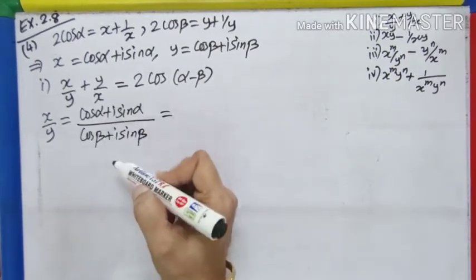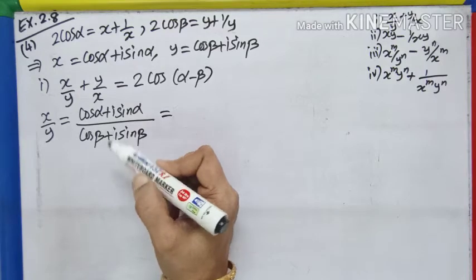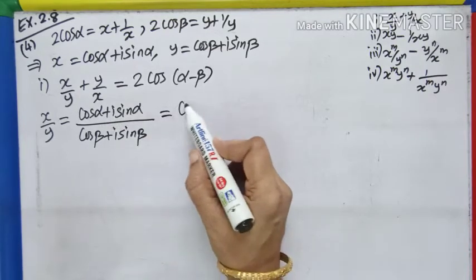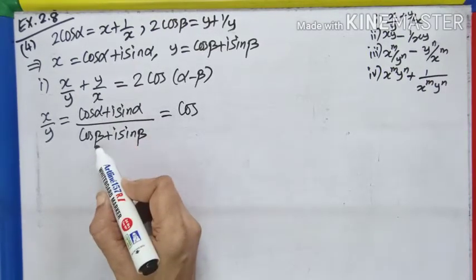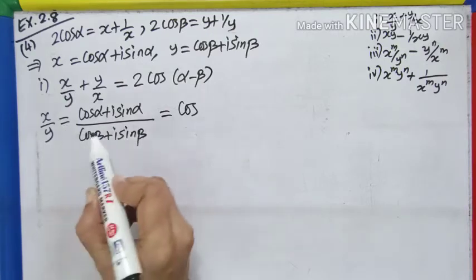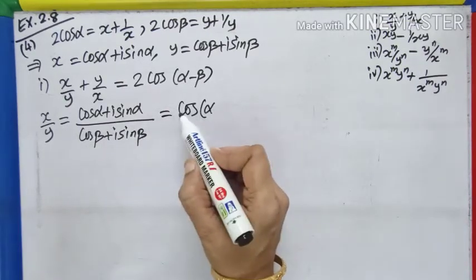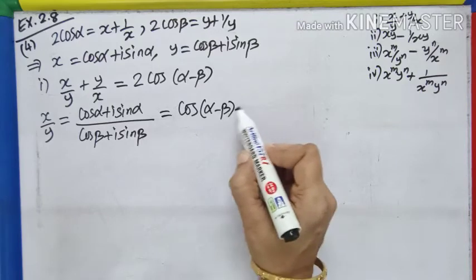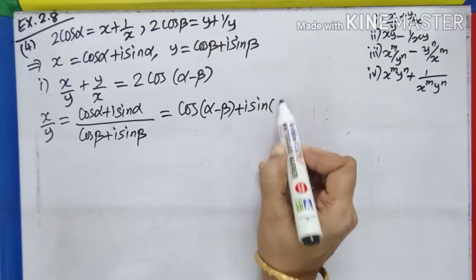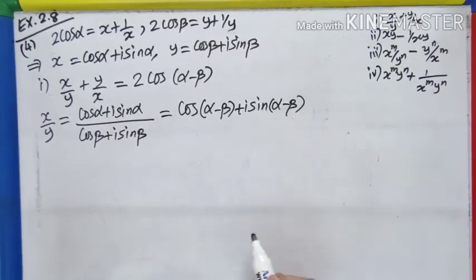And what about division? Division means subtract the argument. Here alpha, here beta. Division means subtract. So how will I write it? Cos alpha minus beta plus i sin alpha minus beta.